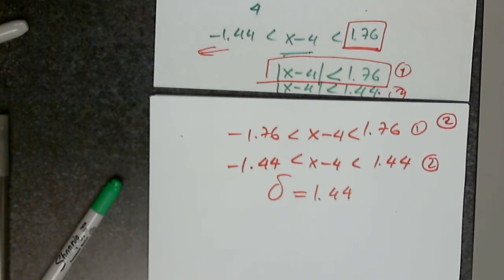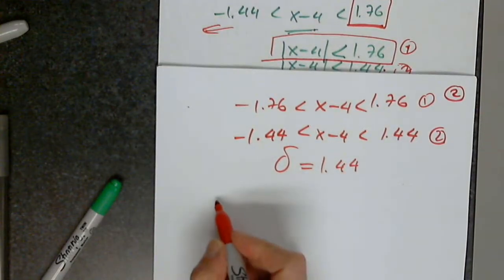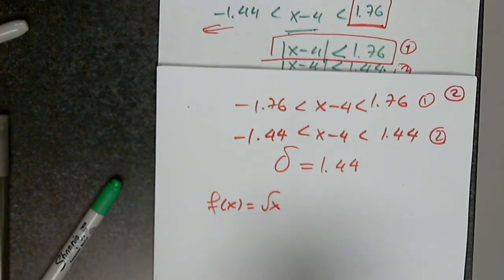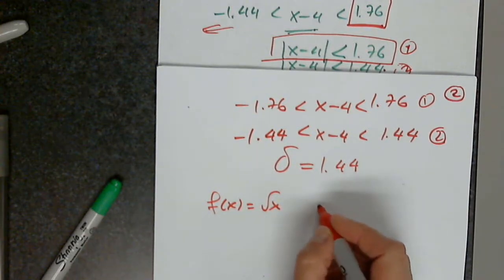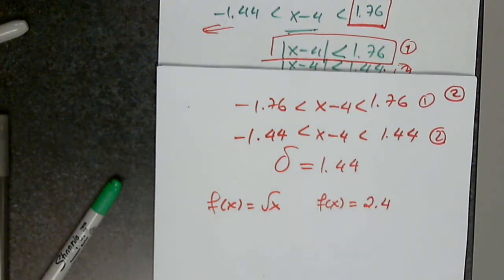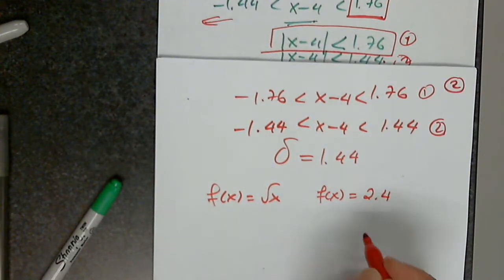What will be the other option to think about? So you have the function, the square root of x, and you have f of x equals 2.4 for a particular value that we don't have for this one.